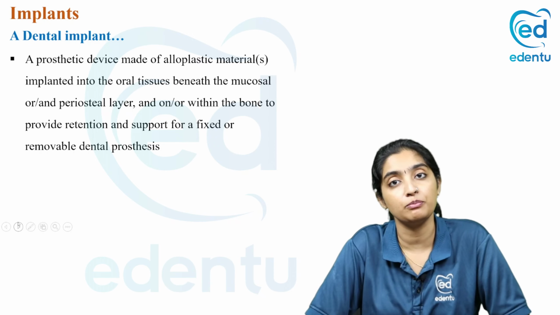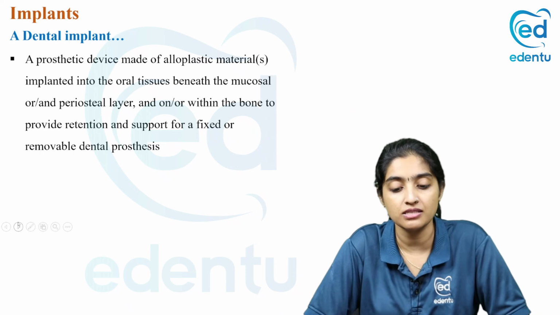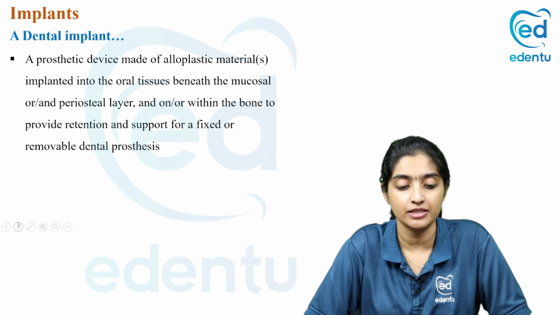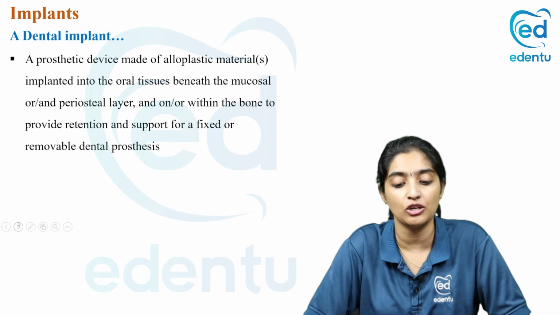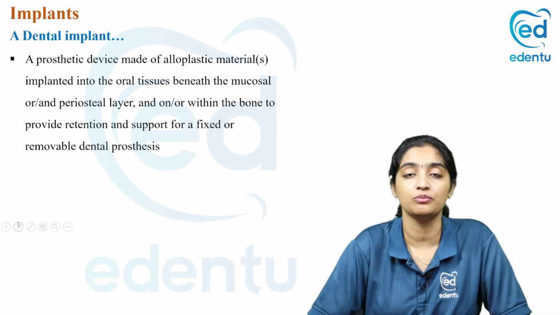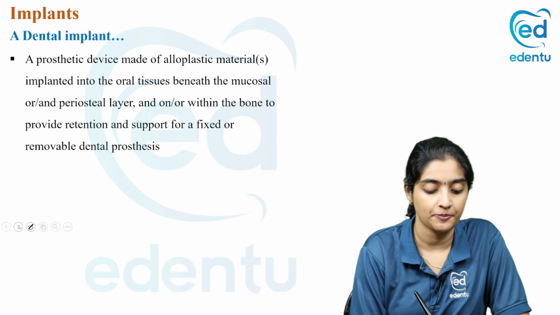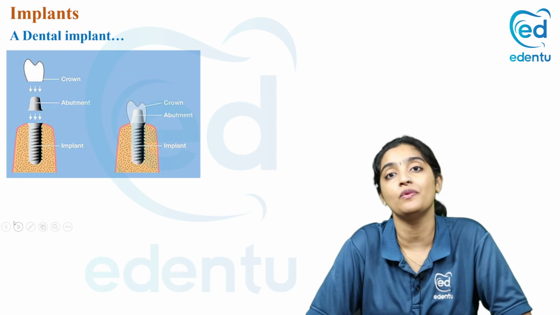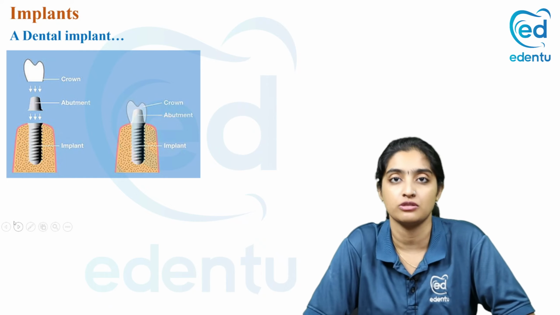What is a dental implant? A prosthetic device made of alloplastic materials implanted into the oral tissues beneath the mucosal or periosteal layer and/or within the bone to provide retention or support for fixed or removable dental prosthesis. Implant does not always mean you're going to give a fixed prosthesis.